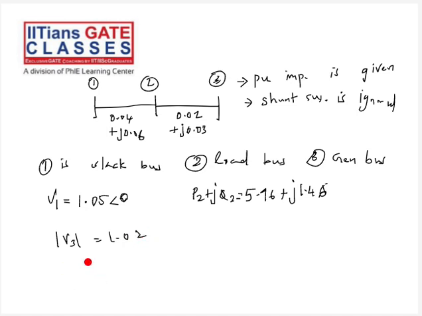We are asked to calculate the voltage at bus 2 and Q at bus 3 for one iteration.